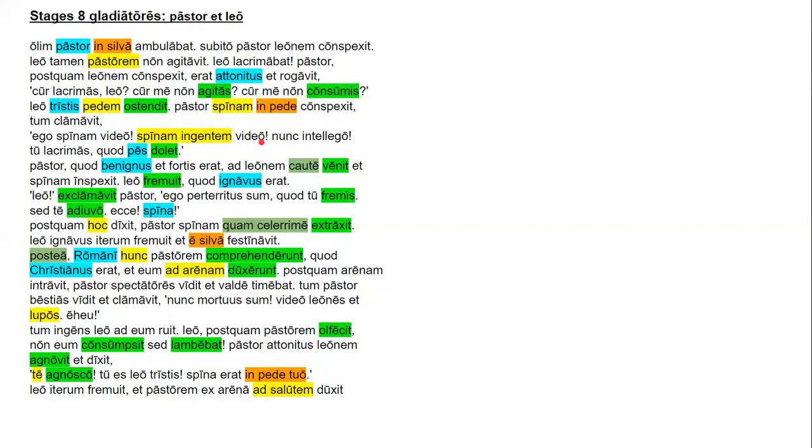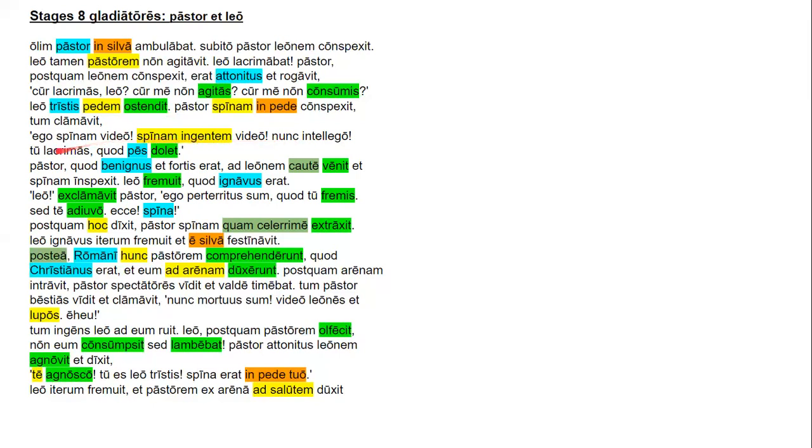So I see a huge thorn. Okay. Nunc intellego. So nunc is an adverb, it means now. And then intellego means understand. It's a present tense, first person singular verb. So now I understand. We get the word intelligent from this because intelligent people, at least in theory, understand things.